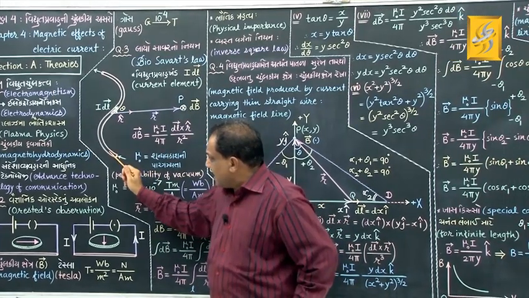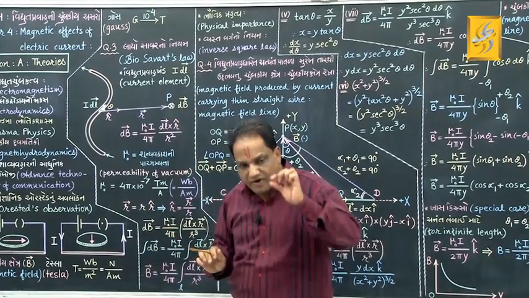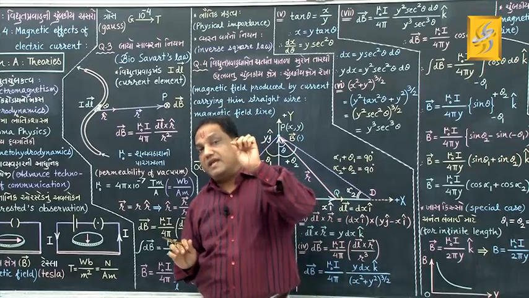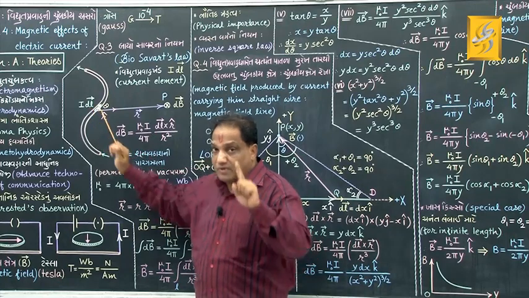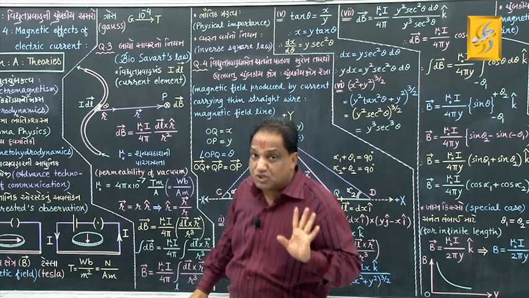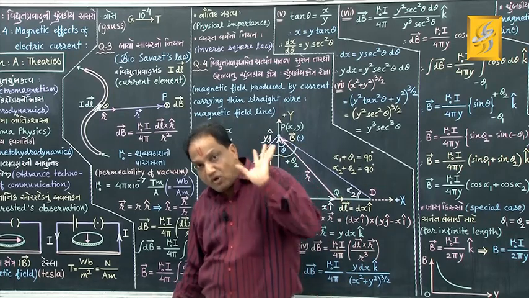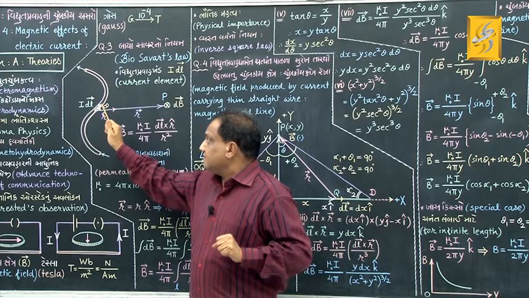Now the entire length of this conducting wire is assumed to be divided into extremely small length elements, each having length, suppose, dl. When I am using the symbol dl, you must understand limit delta L tends to 0. Correct? Now consider one such extremely small length element, which in the figure I have shown in green color.